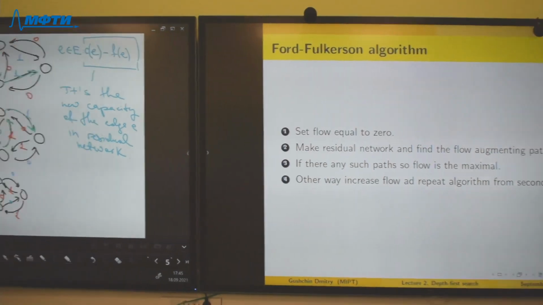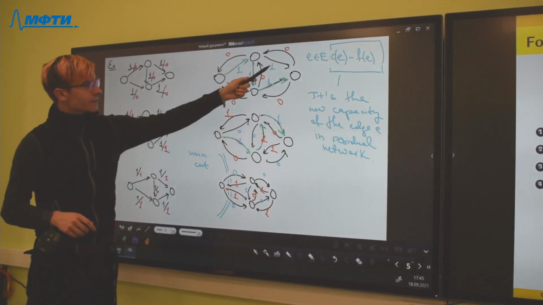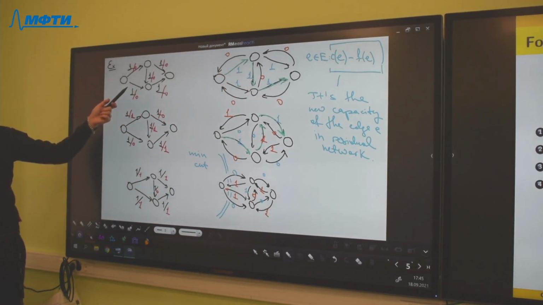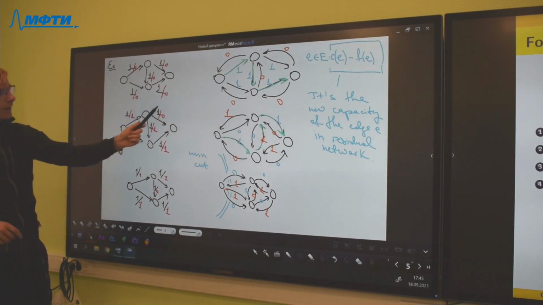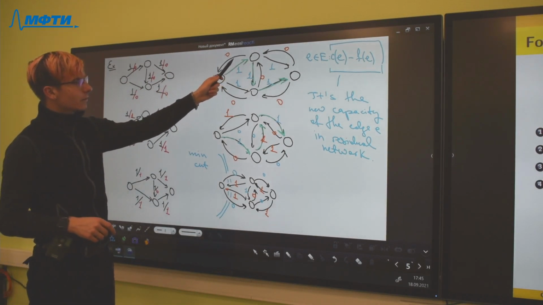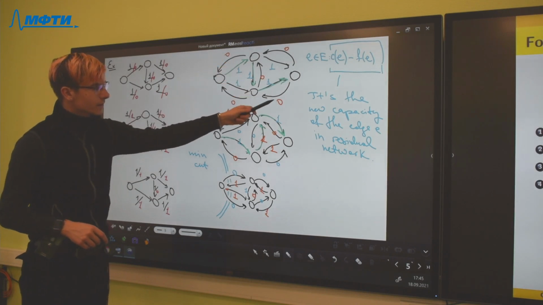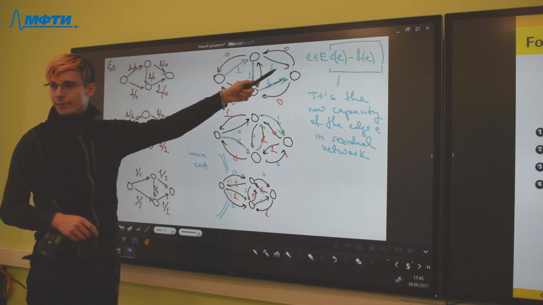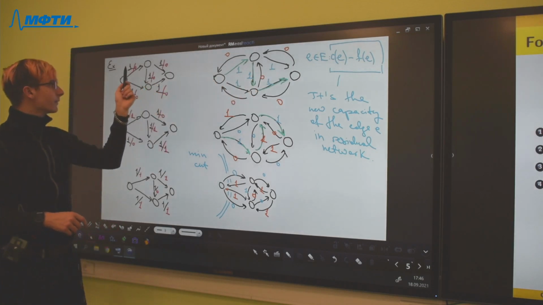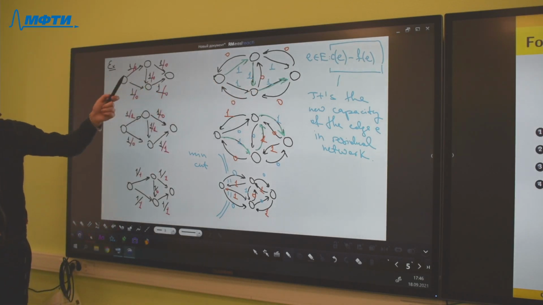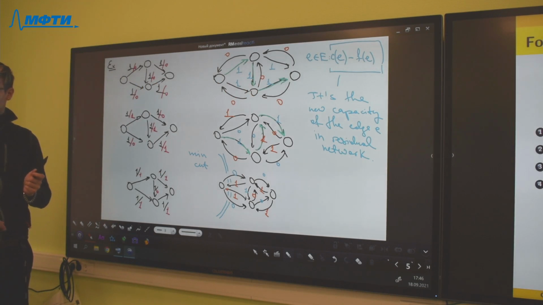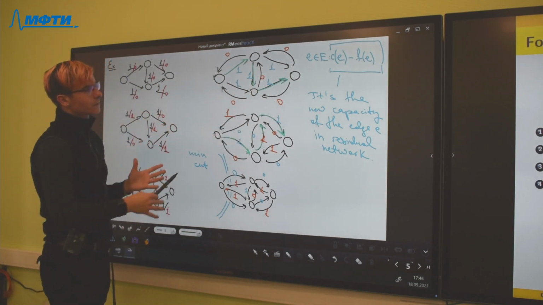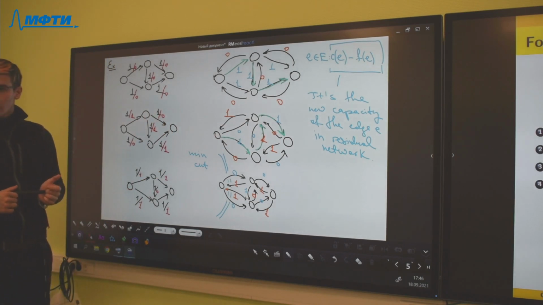We draw vertices like in the initial graph, and then we say that an edge in the residual network has capacity equal to the difference between the capacity of this edge and the flow. It is understandable too. And okay, we build the residual network.